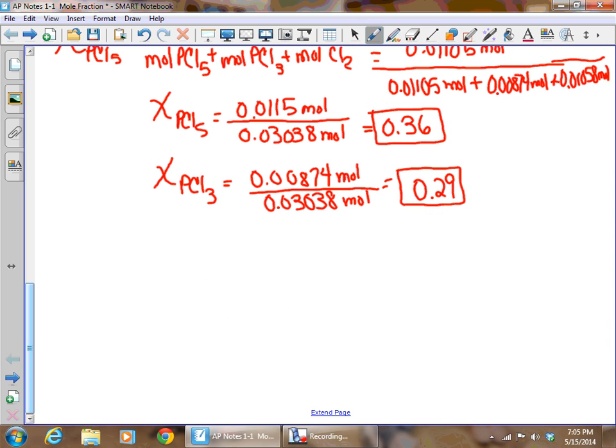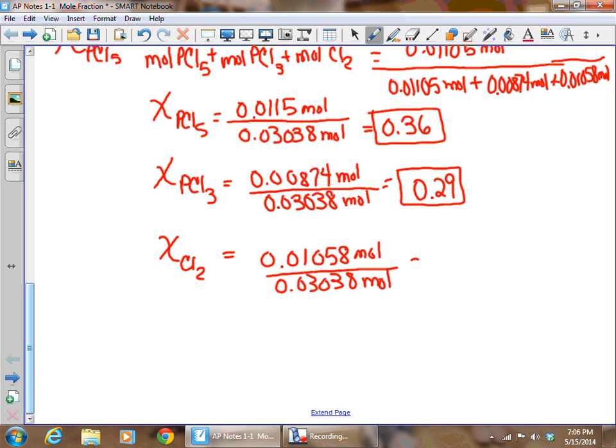And finally for chlorine, the moles of chlorine were 0.01058 moles divided by the total once again, 0.03038. And I get a mole fraction for chlorine of 0.35.